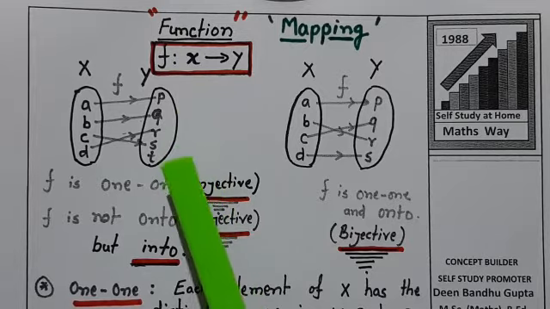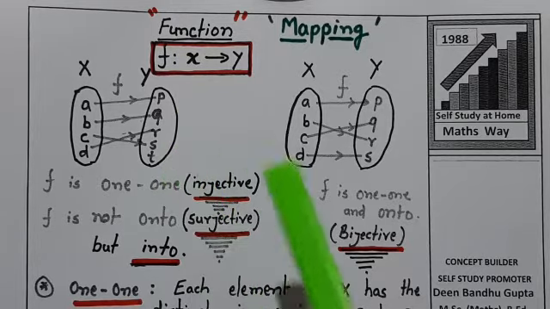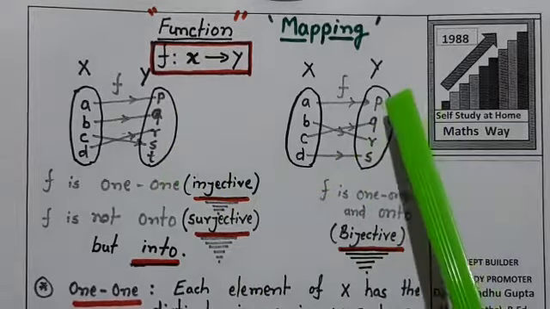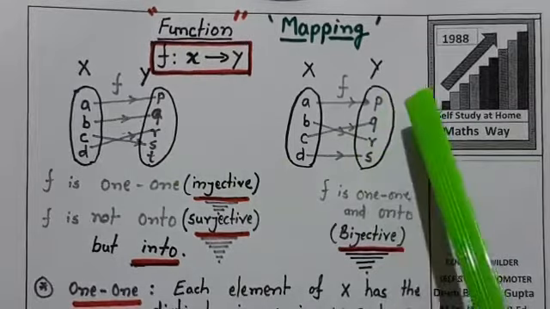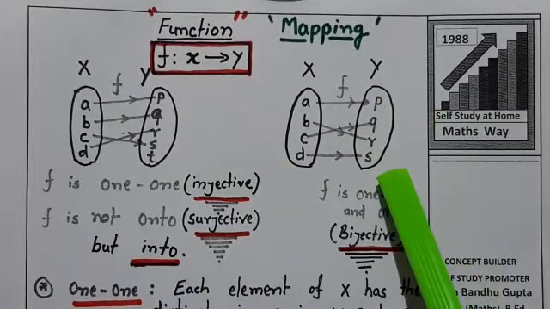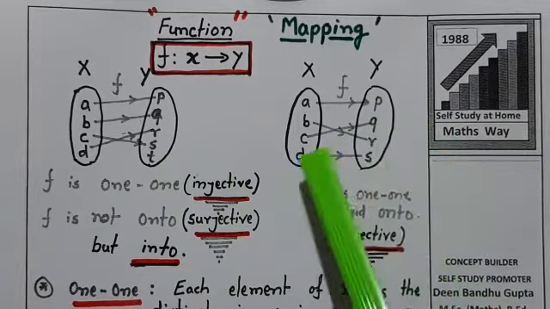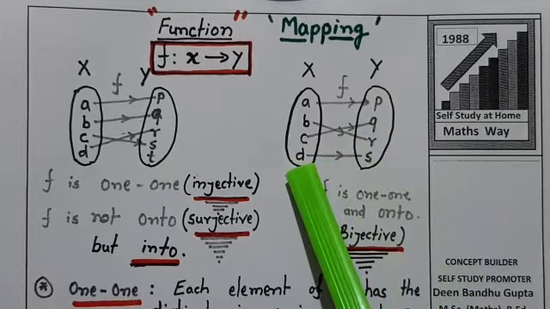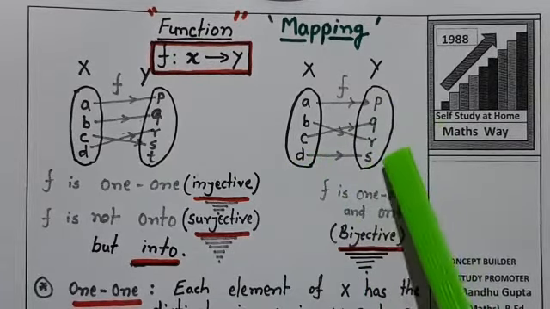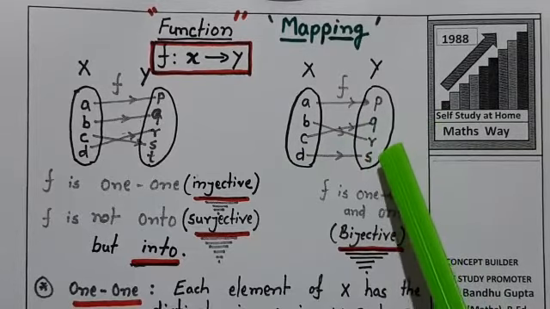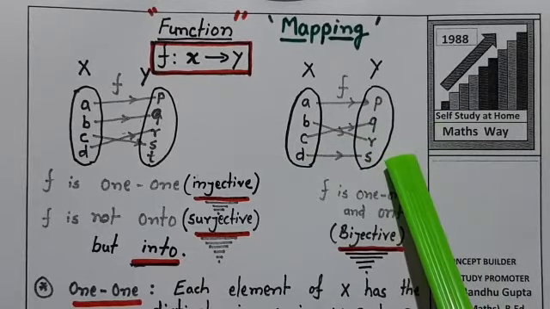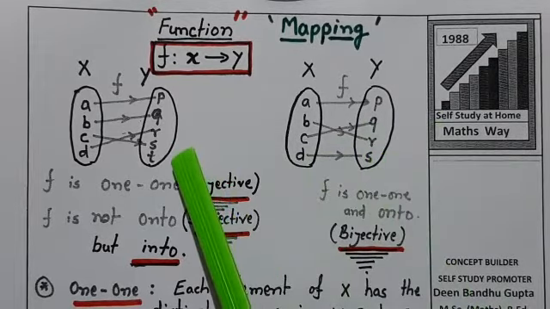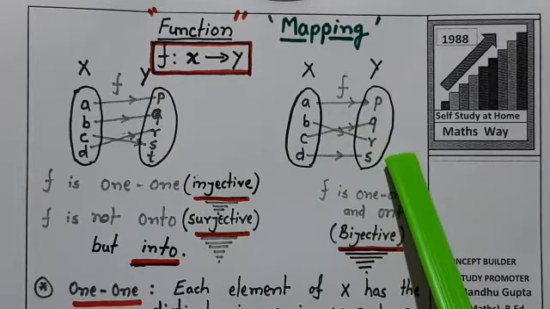This function is into. And if there is no element remaining in the second set which is not having any pre-image from the first, then this is onto function. This is into function and this is onto.